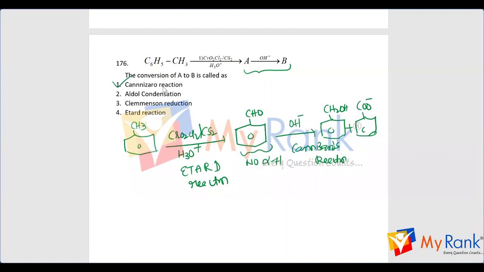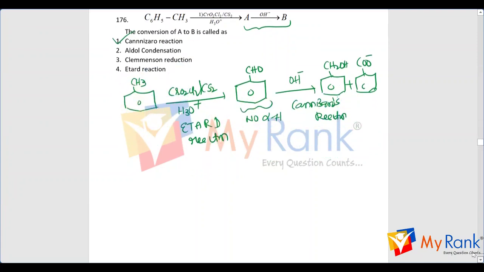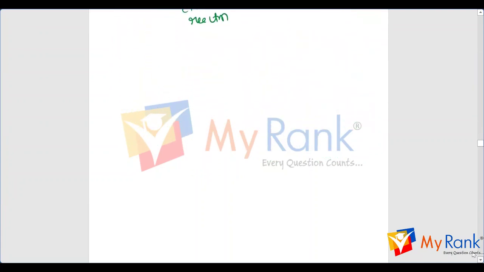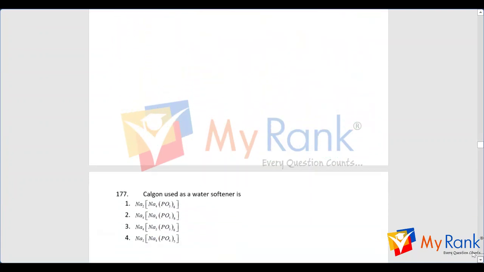Therefore, your answer is the first option. Cannizzaro's reaction is a disproportionation reaction. The very important point is that migration of H minus is involved in Cannizzaro's reaction. And the question number 167.